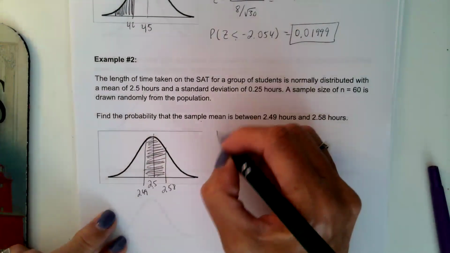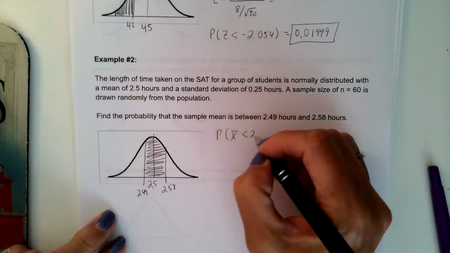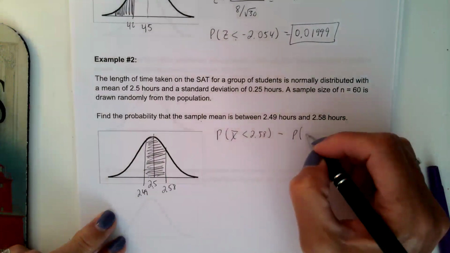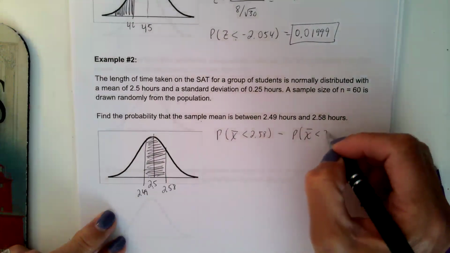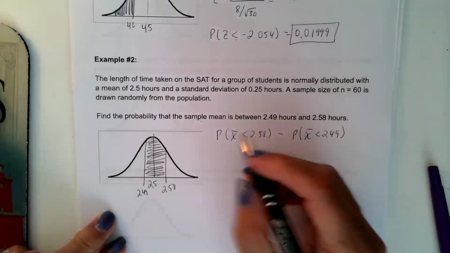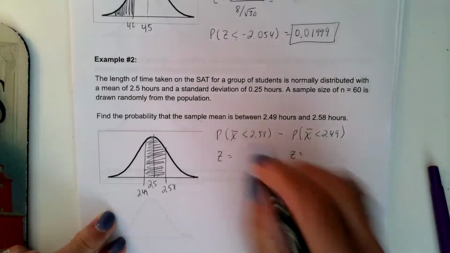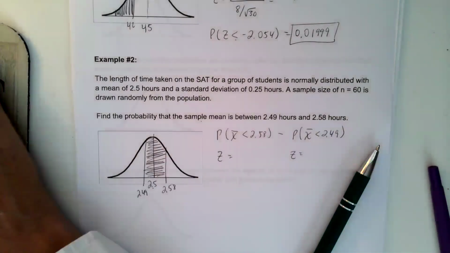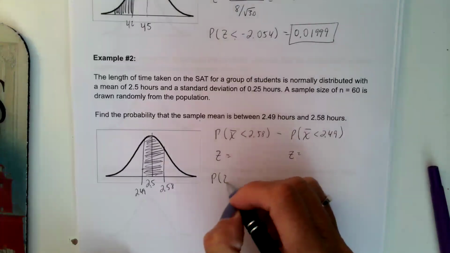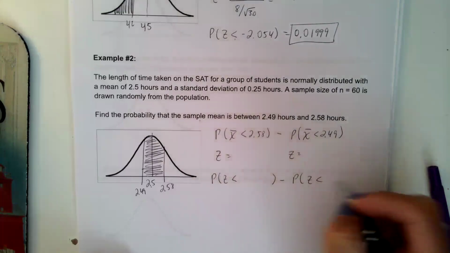We're going to find the probability that X, the sample mean, is less than 2.58. And we're going to subtract that from the probability that the sample mean is less than 2.49 to find the difference. But we have to standardize that first. So we're going to find each of those z-scores, and then we're going to find the difference. We're going to find their probabilities and subtract the probabilities of those z-scores.